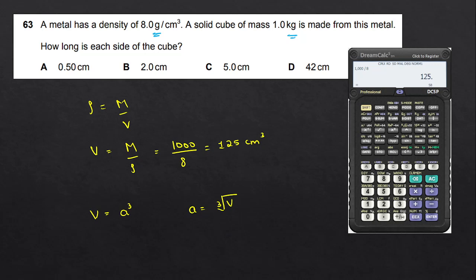So here if I want to find the cube root of volume, I'm not sure how to find it in this calculator, so I'll try out something like 125 to the power, so where are the brackets? Yeah, here, 1 by 3. Hopefully this works.